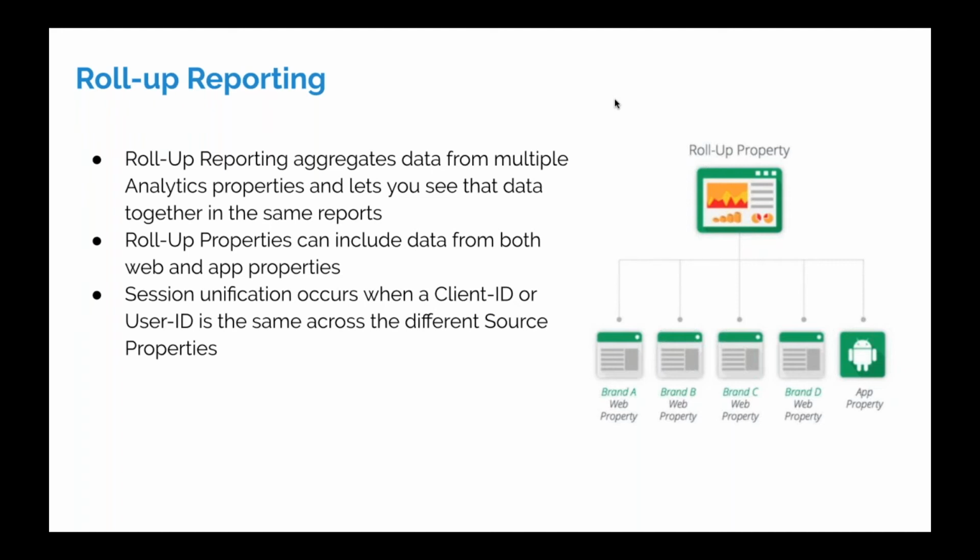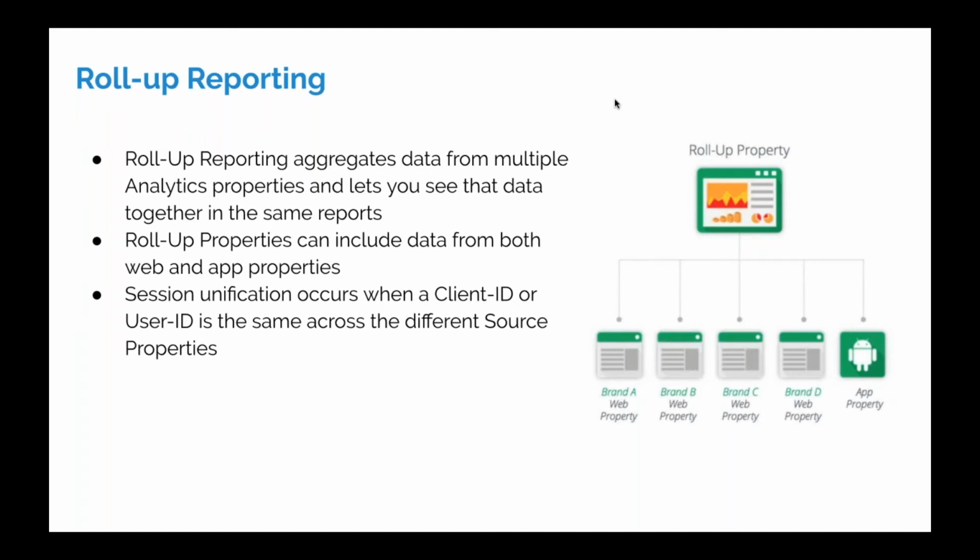If you are a global organization, you want to see all of your USA market data in one property. That would be a great example of a roll-up property. Or maybe you simply want to see data from your mobile site, your desktop site, your Android app, and your iOS app in one view. That'd be an outstanding use case of a roll-up property.